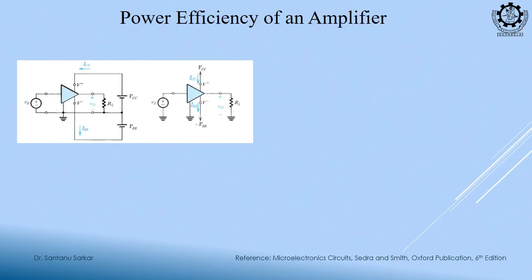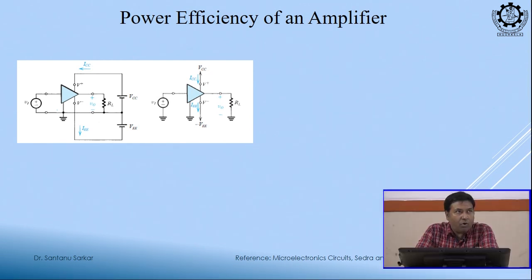Now, I was talking about the efficiency. Okay. So, any amplifier or active amplifier, generally we draw like this, right, we draw like an op amp, something like this, right.